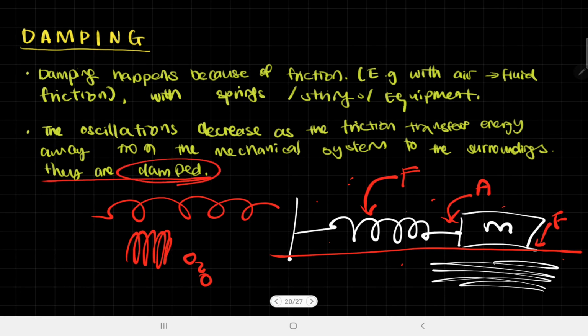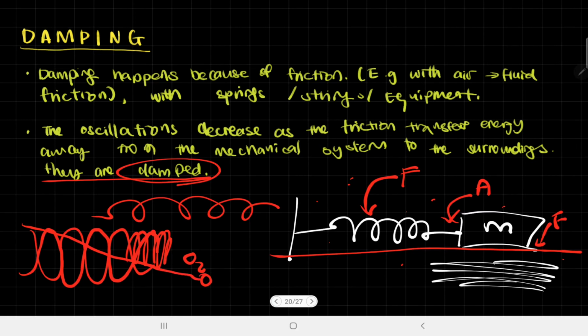So you might have seen in my previous video that there is always energy in this oscillating object. There is kinetic energy that goes around like this, and there is potential energy that is on the opposite. So this is generally going to decrease for the object, because both the kinetic and the potential energy are going to be transferred into heat energy because of the friction, and heat energy is basically lost energy.